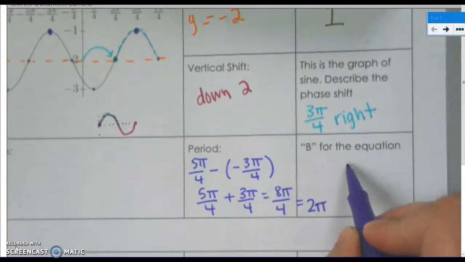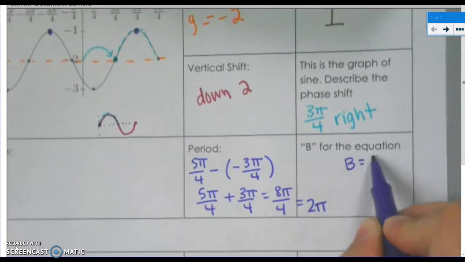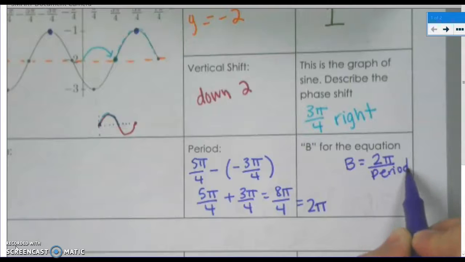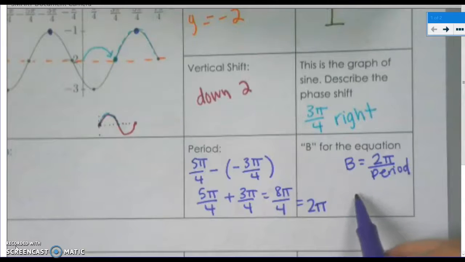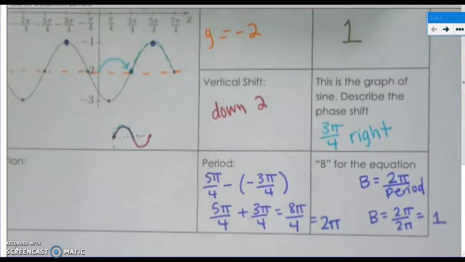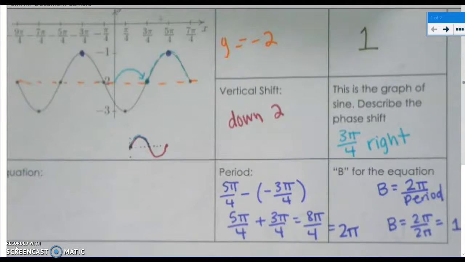I'm solving for b, so I'm using this formula, 2 pi over the period. So I'm going to plug in 2 pi, and anything divided by itself is 1. So my equation, I don't really need to put the 1 in front.